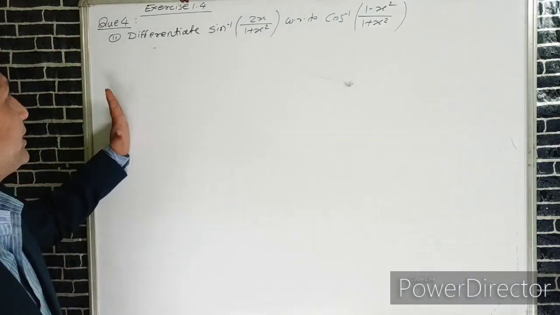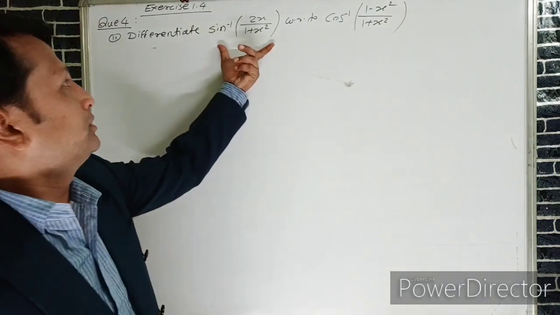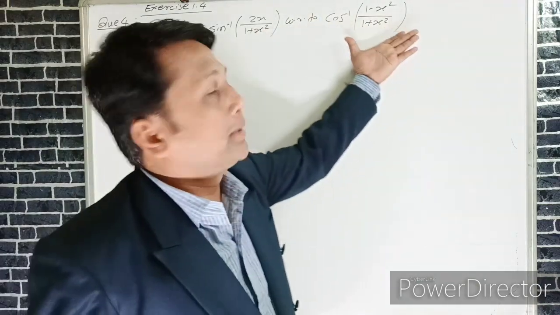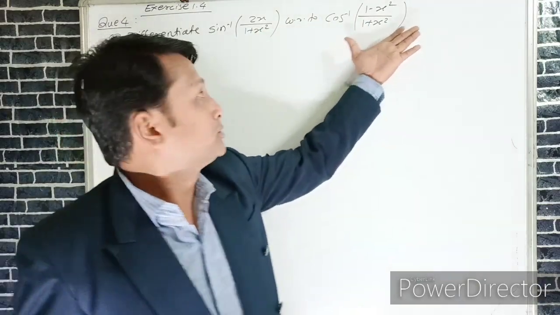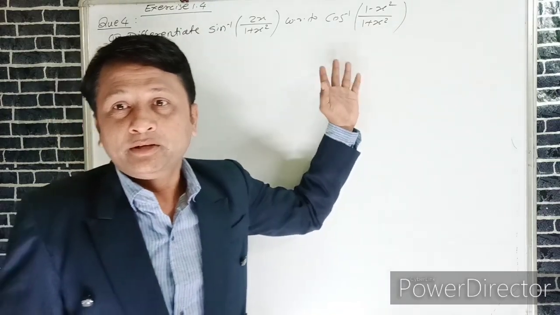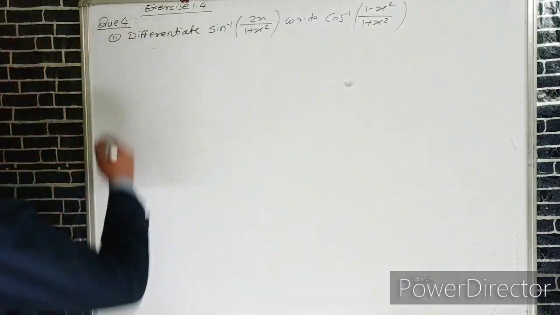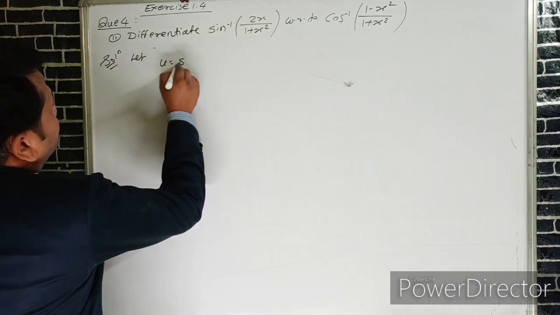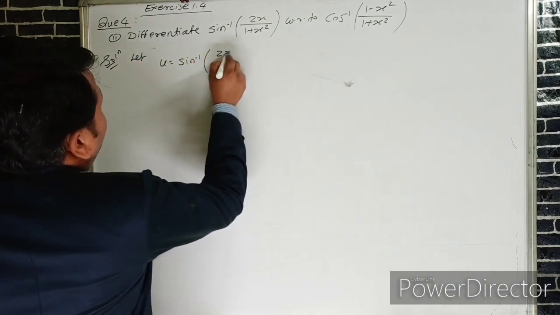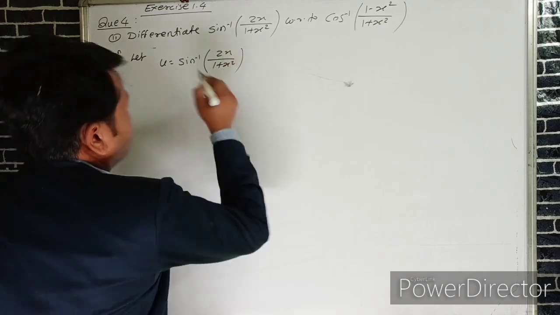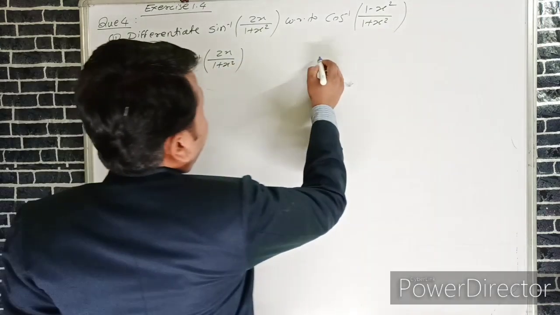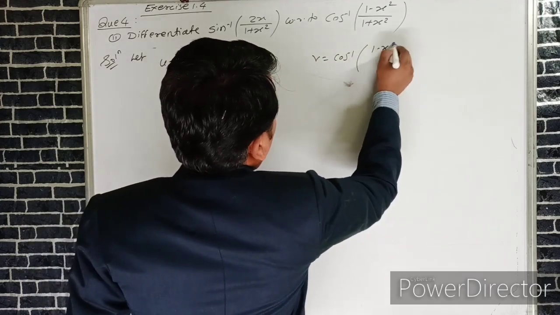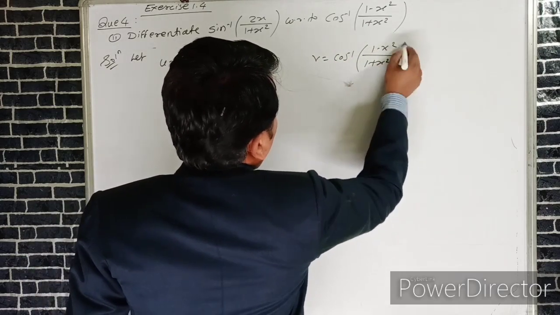Again here we have to find the derivative of the first function, sin inverse of 2x upon 1 plus x square, with respect to another function, which is cos inverse of 1 minus x square upon 1 plus x square. Here first we consider that the first function u is equal to sin inverse of 2x upon 1 plus x square, and the second function v is equal to cos inverse of 1 minus x square upon 1 plus x square.